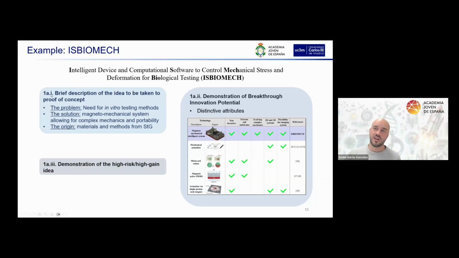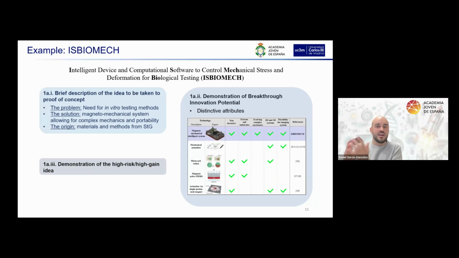Okay, so you have this first section of the proof of concept that you need to provide the brief description of the idea to be taken to proof of concept. And then you have these 3 points. So the problem, in my case, and this has to be super clear. So in this case, need for in vitro testing methods.